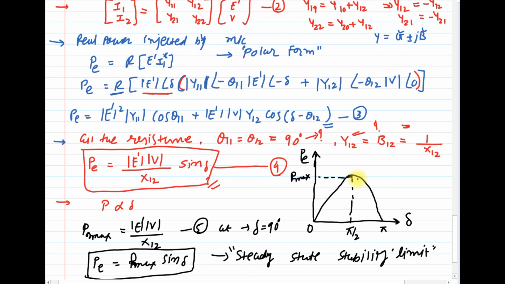We will see later how we lose synchronism if the machine goes beyond this steady state stability limit. Clear? So at the steady state stability limit the machine gets the maximum power transfer, which is P max equal to E dash V by X12. I hope you are clear up to this.